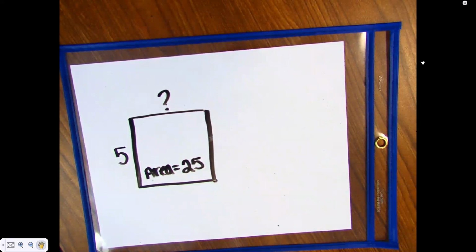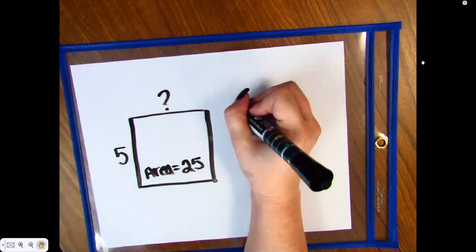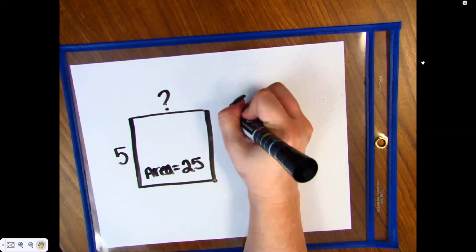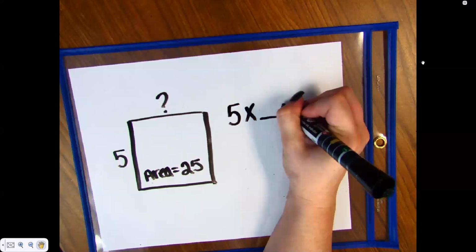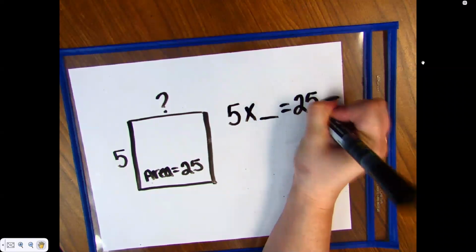You can take away the 5 from. Okay, I'm not going to necessarily take just 5 away. Dimitri, what else? What operation could I use? Use your fingers to 5. Okay, well, think about it. If we have 5 times blank equals 25.